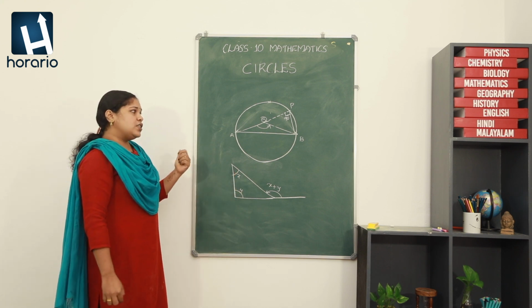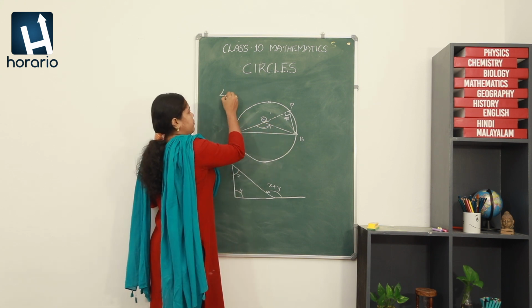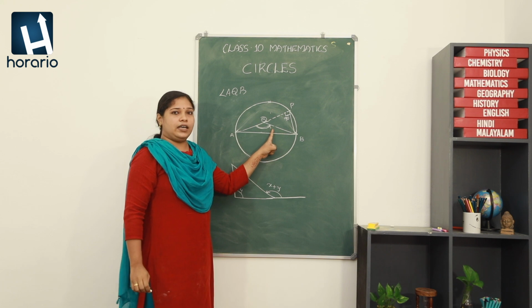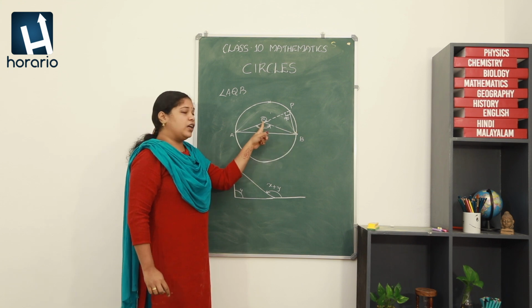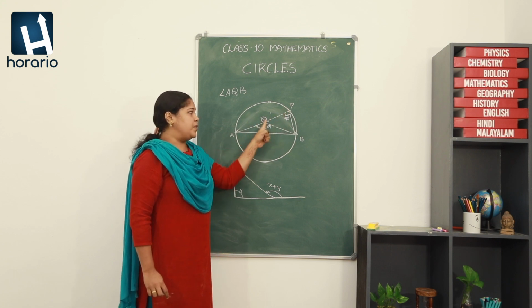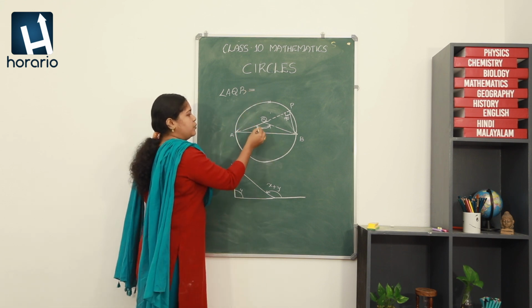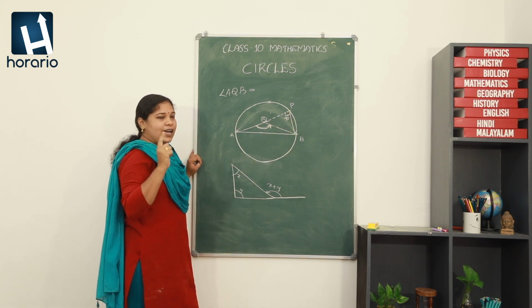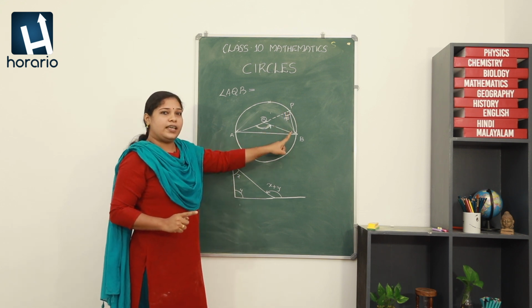Here we can see this angle, angle AQB, is the exterior angle of the triangle PQB at the vertex Q. So the measure of angle AQB, by using this result, is equal to the sum of the other two interior angles.